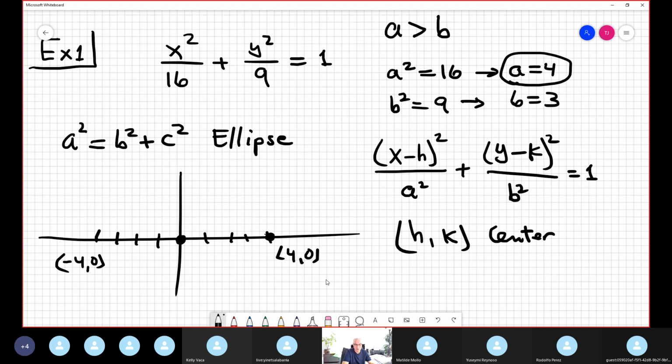So this is graphic, because the goal for this problem is to do the graph of the ellipse. And b is 3, and b represents the semi-minor axis, 1, 2, 3. This point is the point 0,3, and this point is 0,negative 3. So our ellipse, I suppose, looks like that.